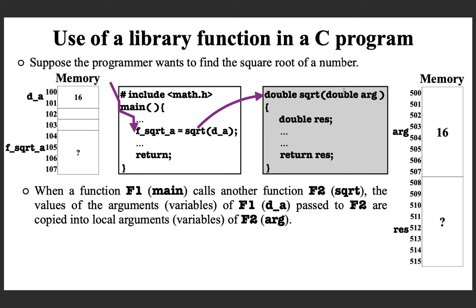So the local argument which is used to catch that value is getting memory allocated here, and whatever be the value of this variable which is 16 from the memory of main, that value is copied and it is stored into the corresponding argument in the function which is called.